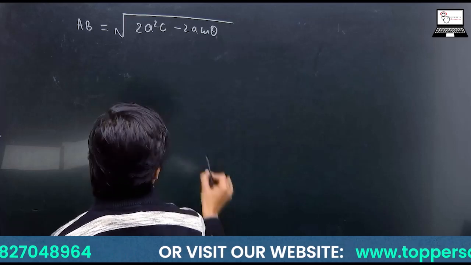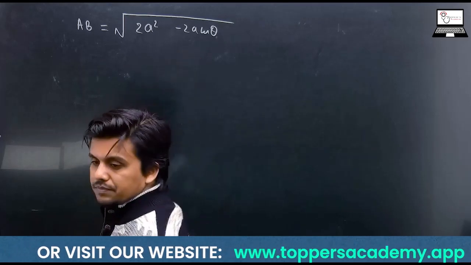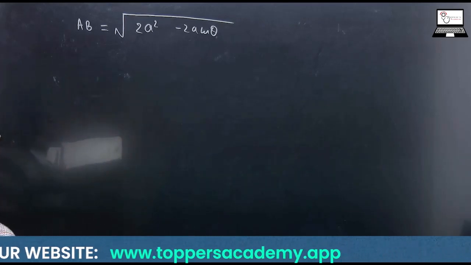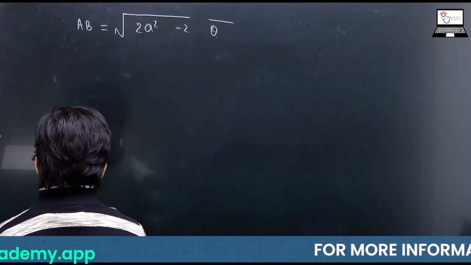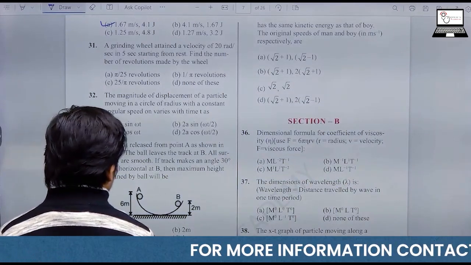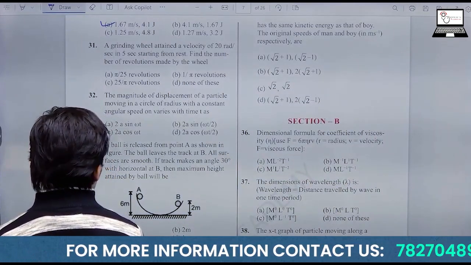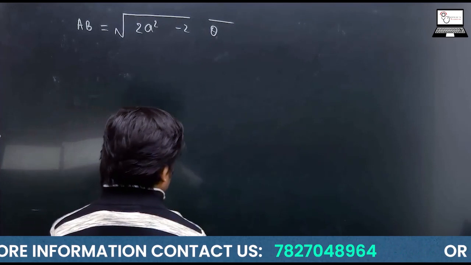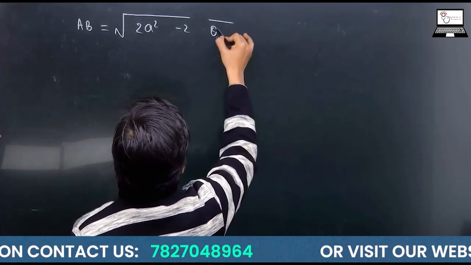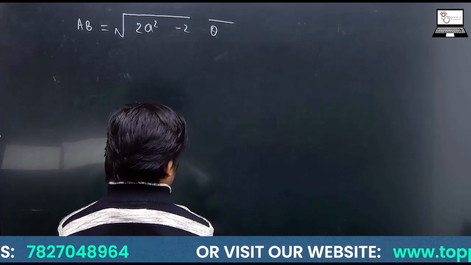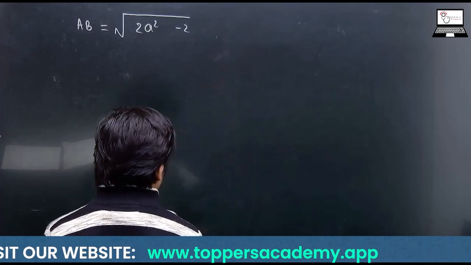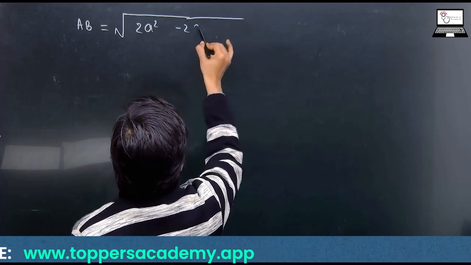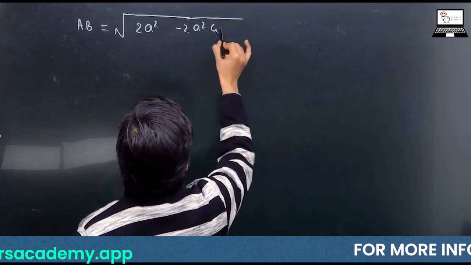That will be the magnitude of the displacement: under root of twice a squared minus twice a squared cos theta.